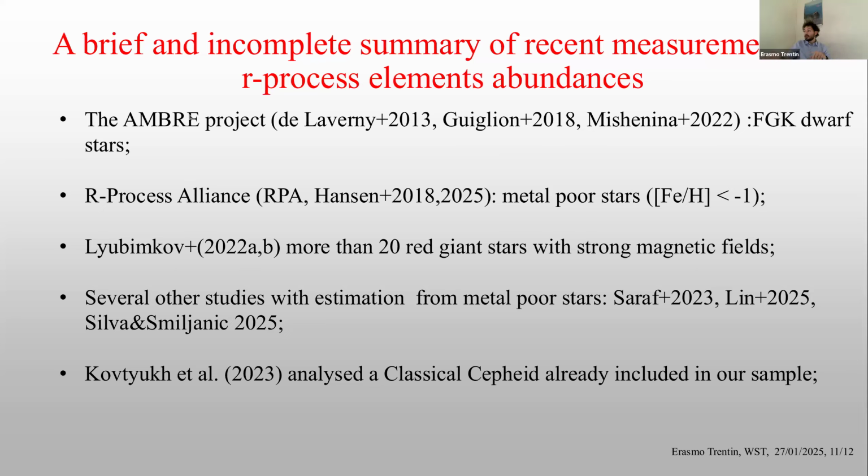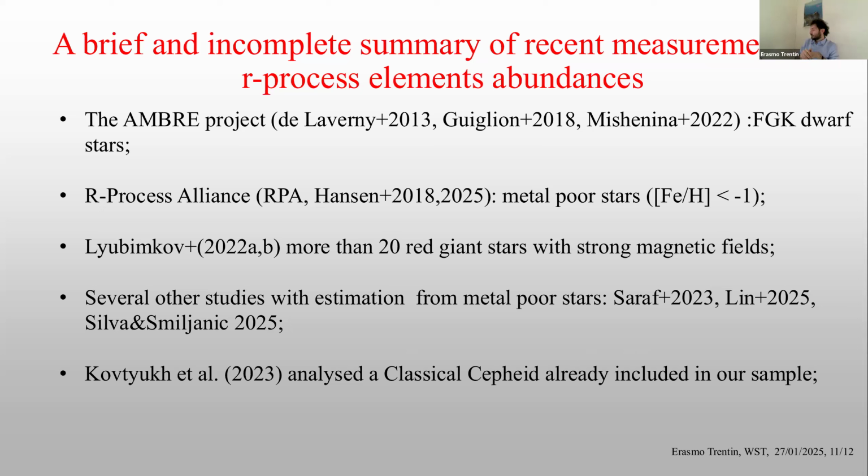The R-Process Alliance was started by Hansen and collaborators in 2018. It's a project that focuses exactly on the study of r-enhanced stars. And in most cases, we have again metal-poor stars with metallicity way below -1 dex.